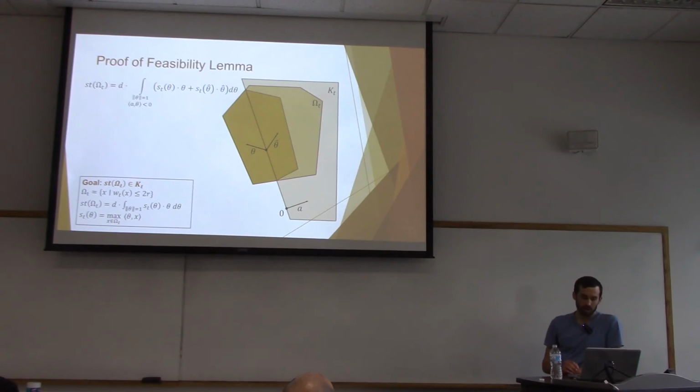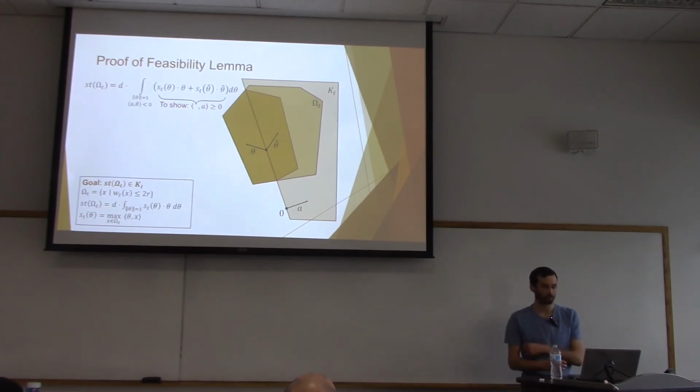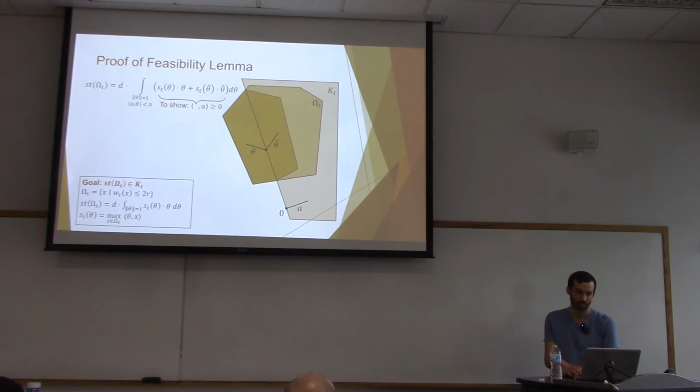So I'll start with some direction, and I just want to show that if I take that integrand right there and take its inner product with A, I'll get something positive. Then when I take the inner product of the entire integral with A, I'll also get something positive and therefore inside of kt. This is what I want to show. I'll just split up that inner product by taking out the sum and taking out the support functions because they're constants.